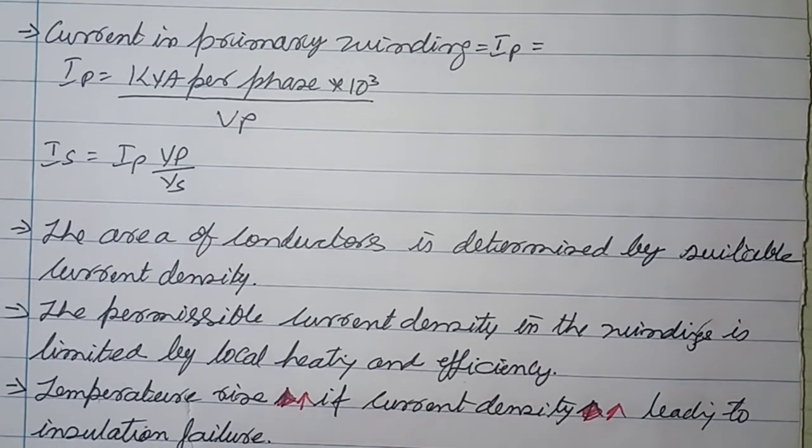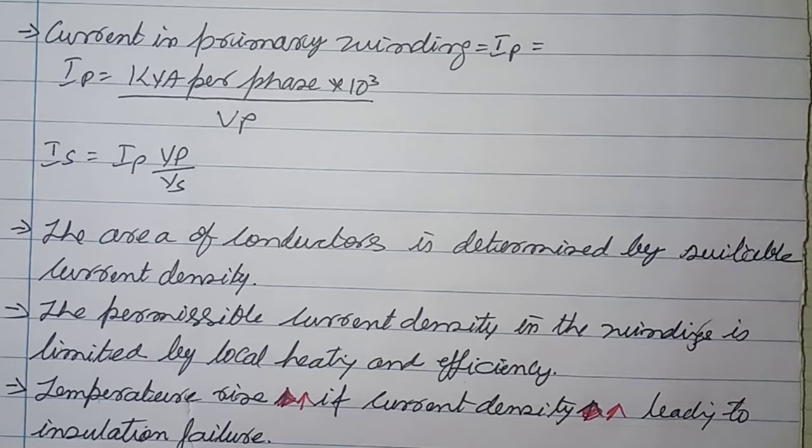What is the effect of having a high temperature rise? There will be failure of the insulation because of more current density. The more the temperature rise, the more it will lead to insulation failure. So the current density and the temperature rise have to be within the permissible limit.